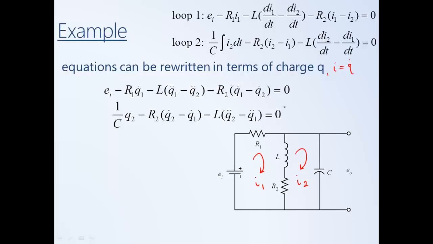Looking at these two equations, we in essence have second order differential equations, which has a similar form to the mass spring damper equations that we derived previously. As such, all of the approaches that we used for solving a mechanical differential equation is exactly the same as the approaches we would use for solving an electrical differential equation.